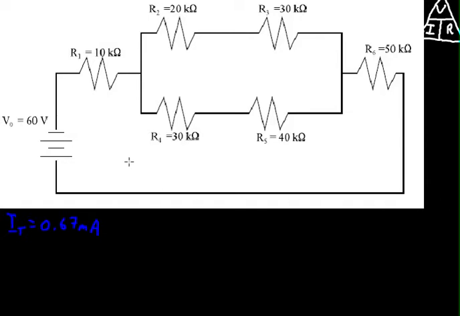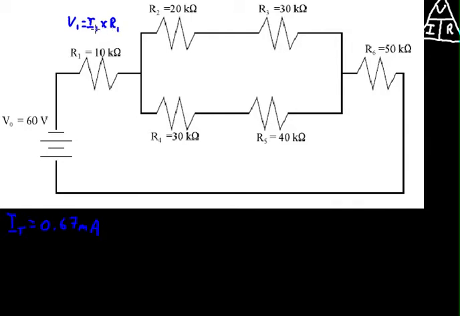Okay, so next, let's say we wanted to find V1. So what does V1 equal? V1 equals I1 times R1. Whatever subscript we're finding, just put that subscript to all of them.